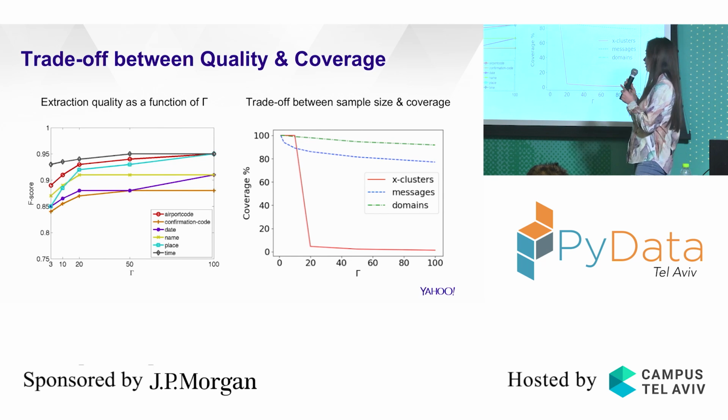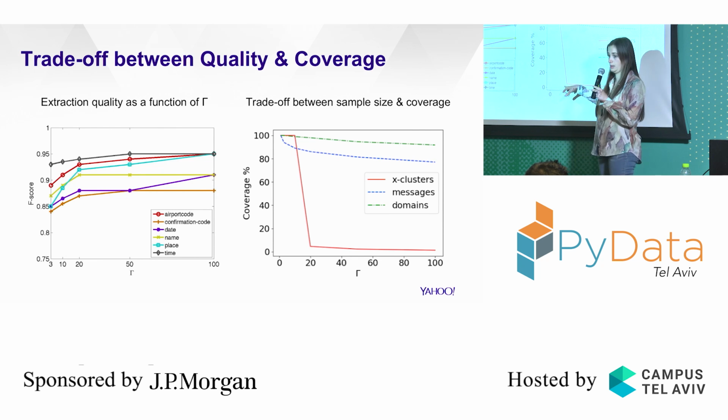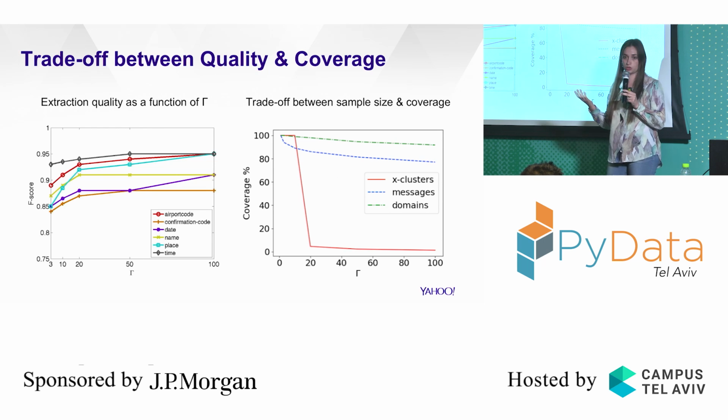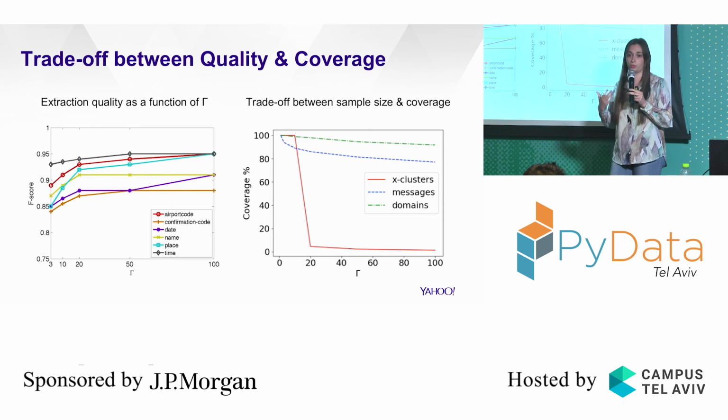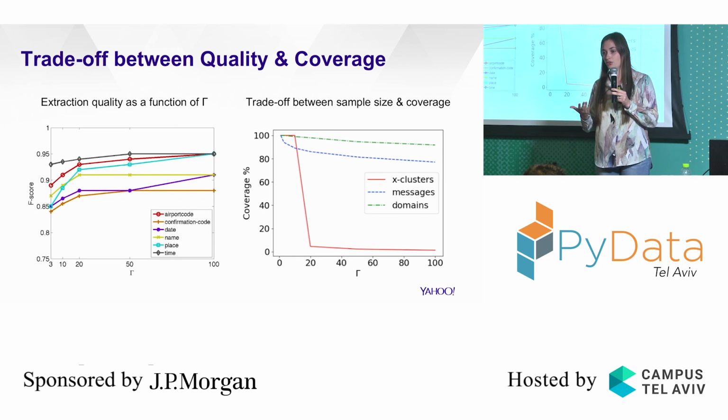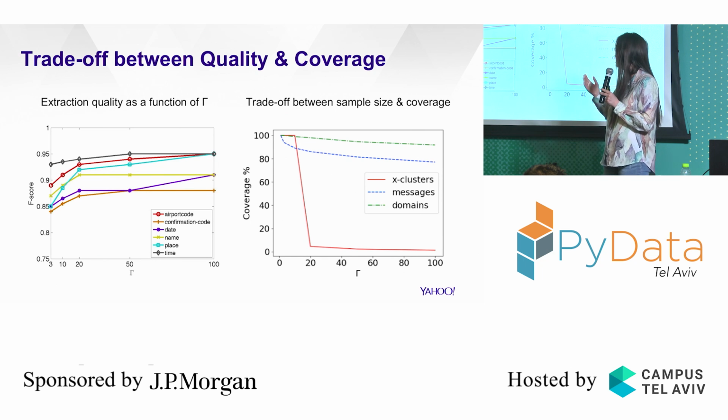But even though taking more than 20 samples decreased about 90% of the X clusters we took, we still see that the coverage, the amount of messages and domains, remains up to 85%. We care about the coverage, how many messages we extract from, and not the X clusters. So it's good enough for us.